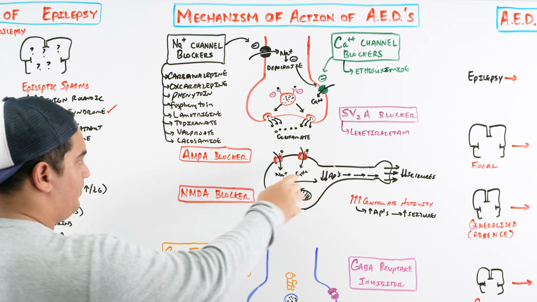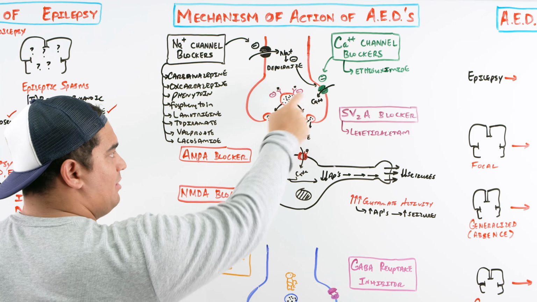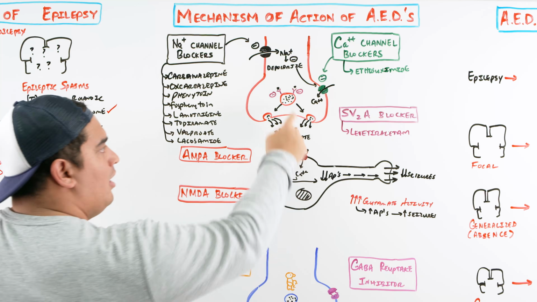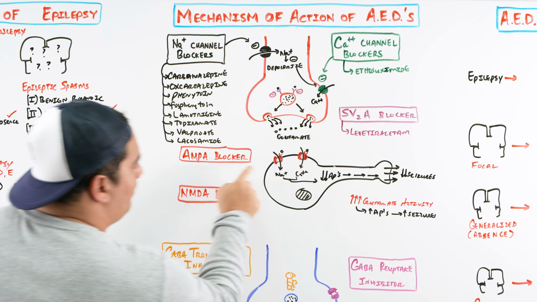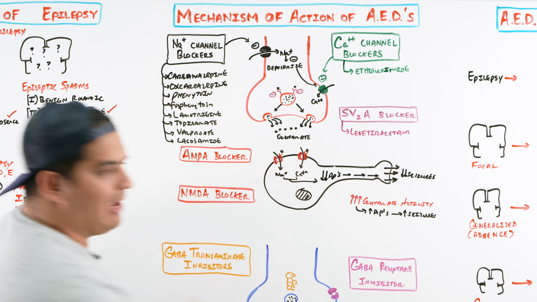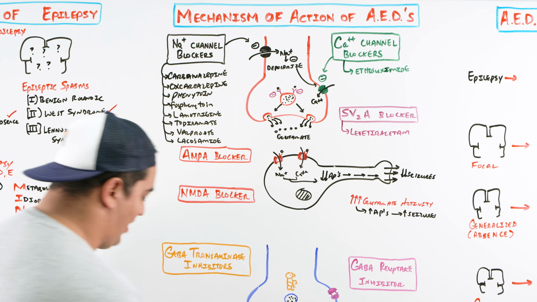All right, next thing. So we blocked sodium influx, which led to inhibited depolarization, calcium influx, and all the downstream effects. Calcium channel blockers, ethosuximide. Blocking the vesicles, SV2A receptor blockers. Then we can block the glutamate from binding onto this receptor or this receptor. This one here is called an AMPA blocker.